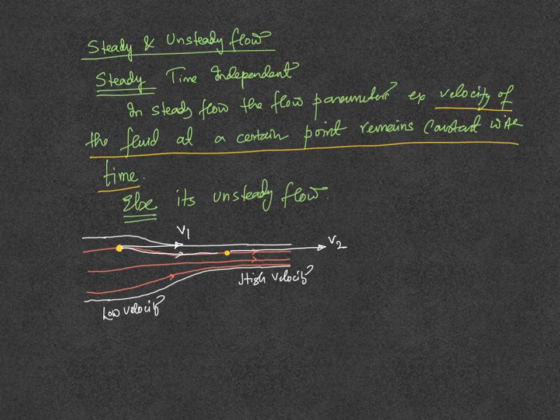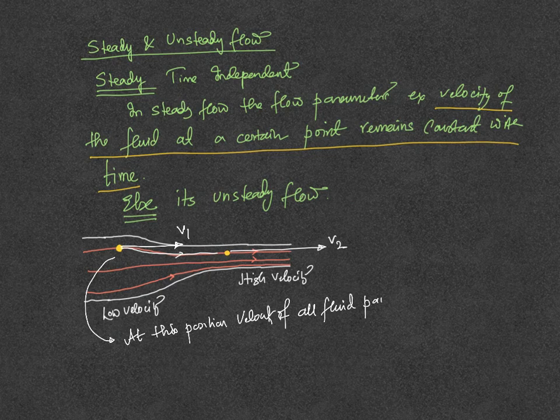So at a particular point in space, that means at this position, velocity of all fluid particles passing through this point is v1.